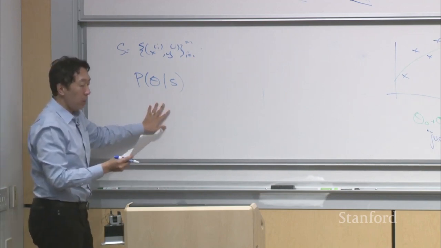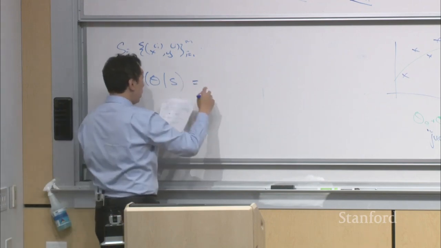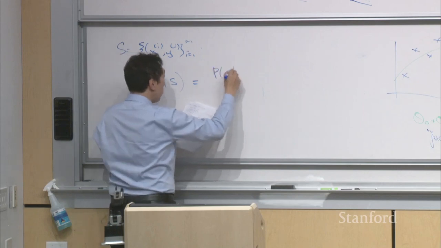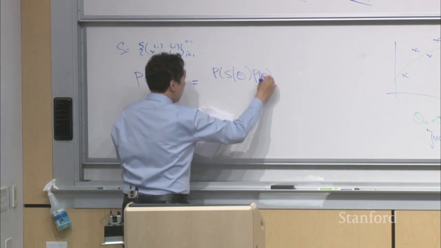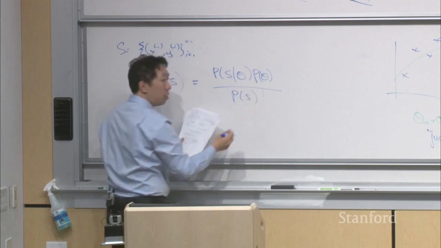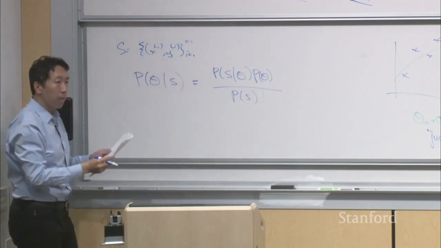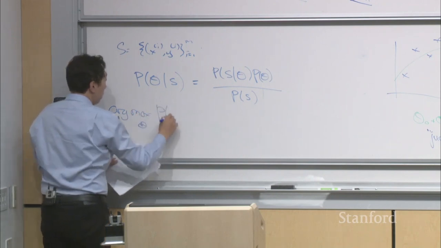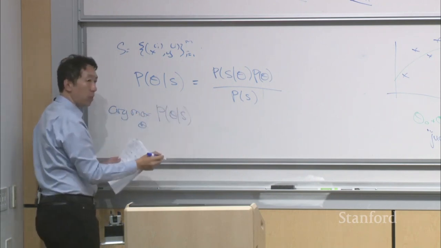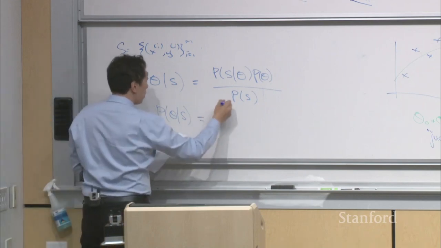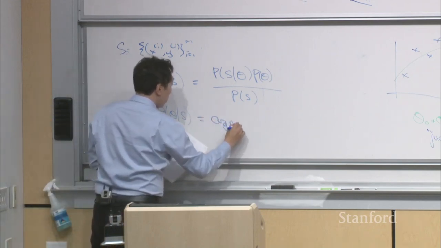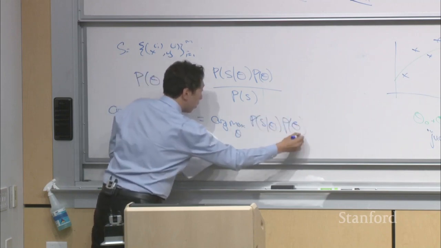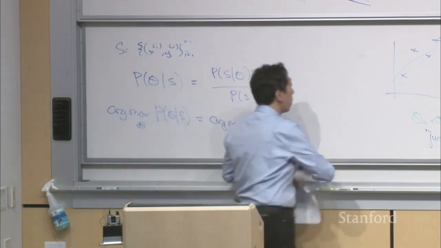By Bayes' rule, P of theta given S is P of S given theta times P of theta divided by P of S. If you want to pick the value of theta that's the most likely given the data you saw, then because the denominator is just a constant, this is argmax over theta of P of S given theta times P of theta.